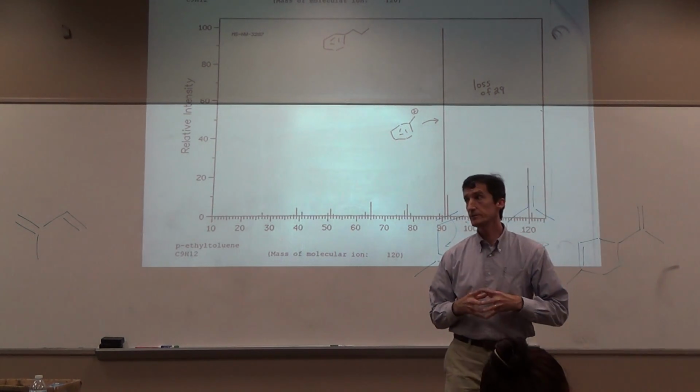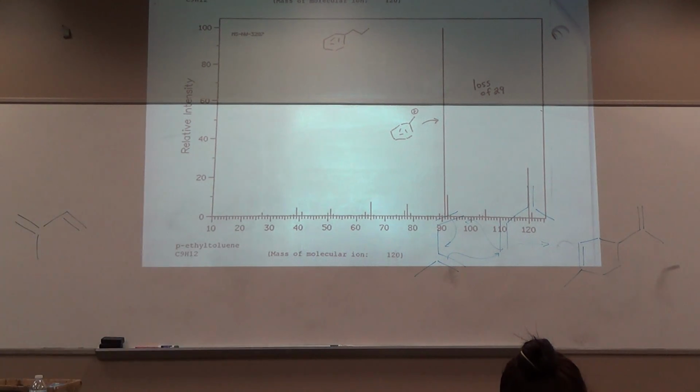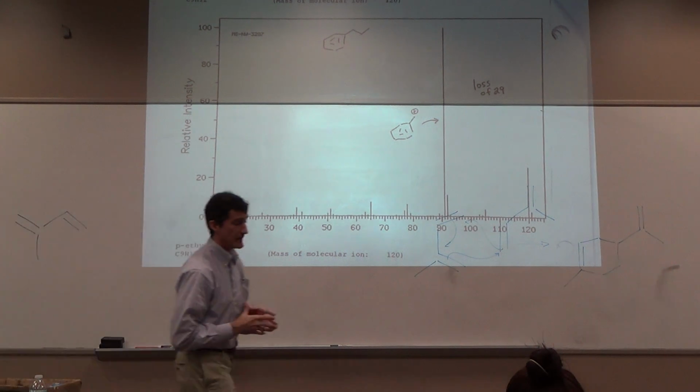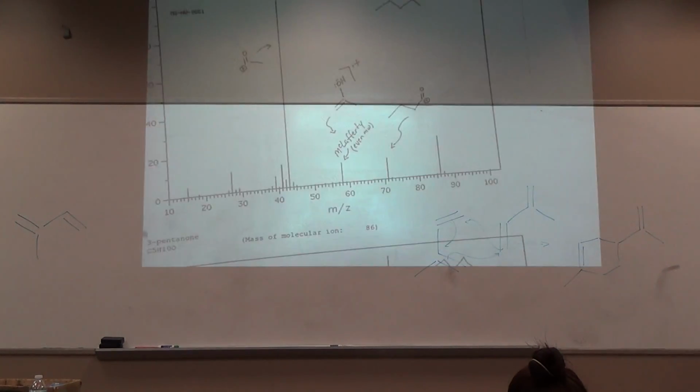The previous ones we made a cation. Where do you want to get the cation when you cleave in mass spec? Resonance stabilized, or make it resonance stabilized if you can. Remember, we're going to look back at the other one and see where we can make a cation.